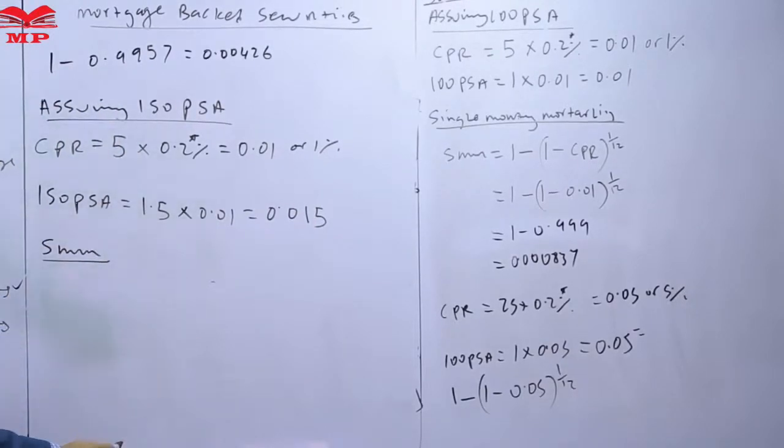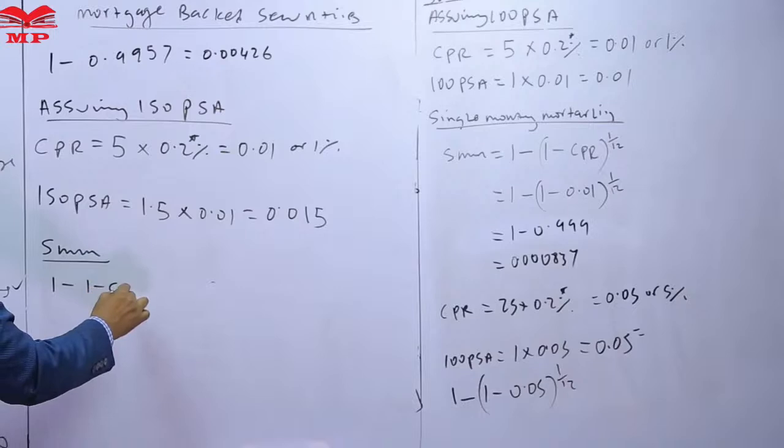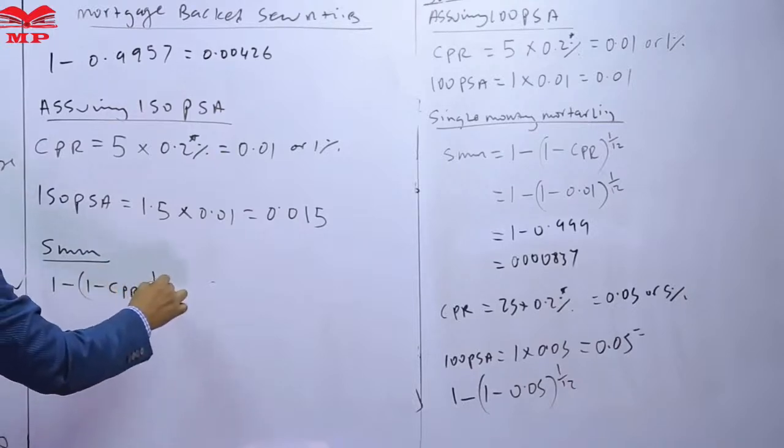Now we continue by computing the SMM, or single monthly mortality. It's on a monthly basis, to identify how much prepayment you can accept within the mortgage pool. So the SMM is 1 minus (1 minus CPR) to the power 1 over 12.